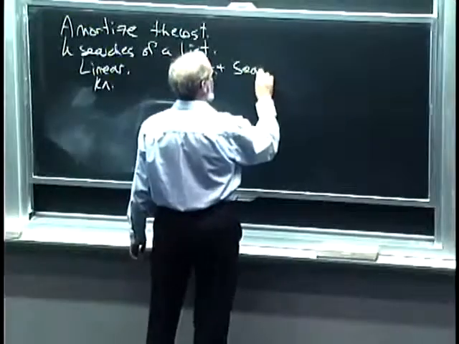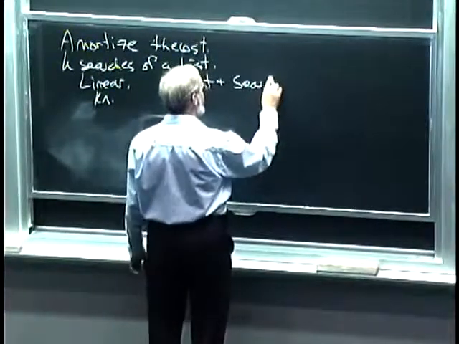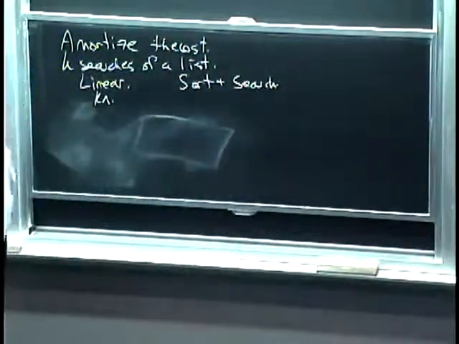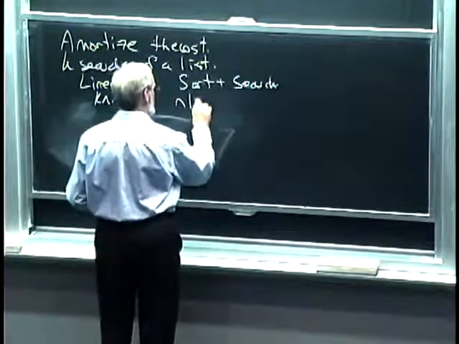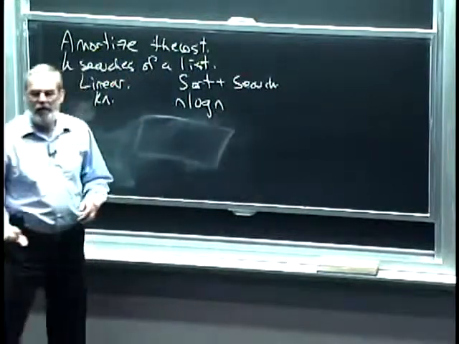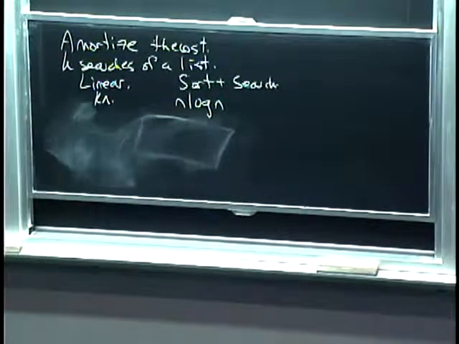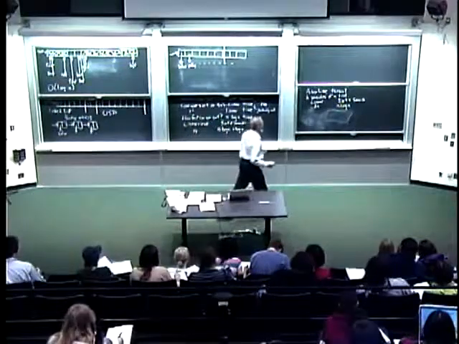In the sort and search case, what's my cost? I've got to sort it. And we said, and we'll come back to that next time, that I can do the sort in n log n. And then what's the search in this case? Well, it's log n to do one search. If I want to do k of them, that's k log n.